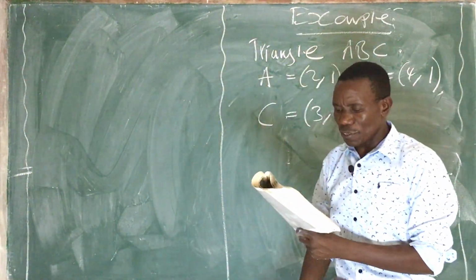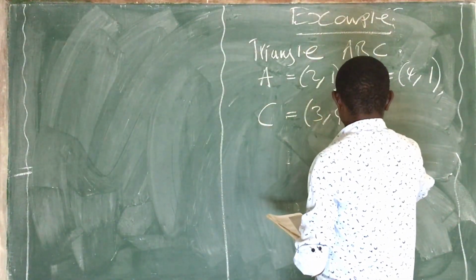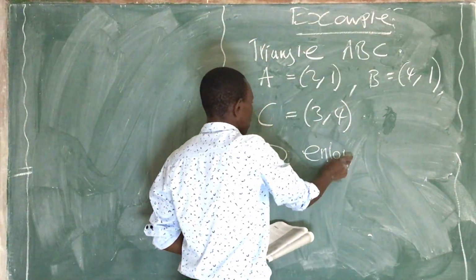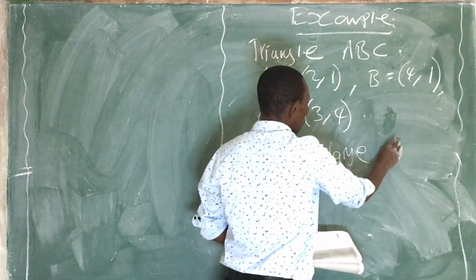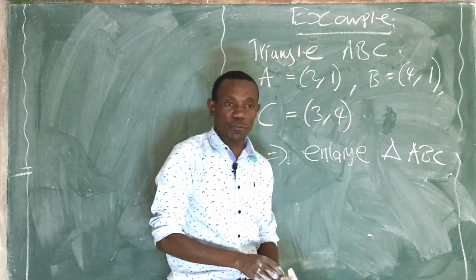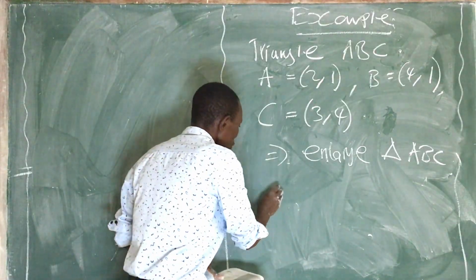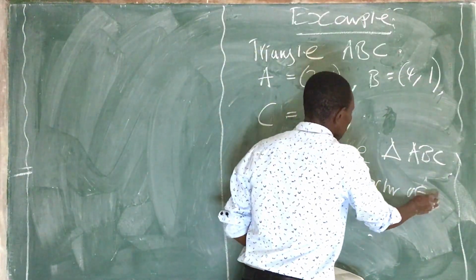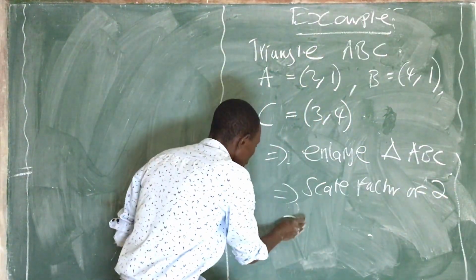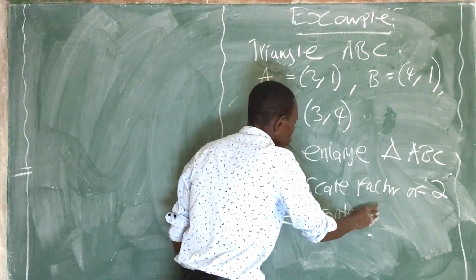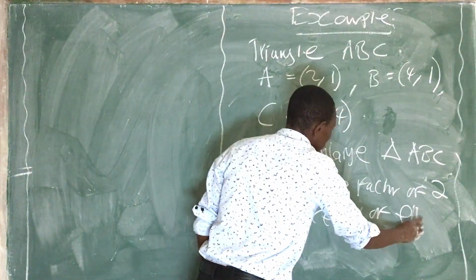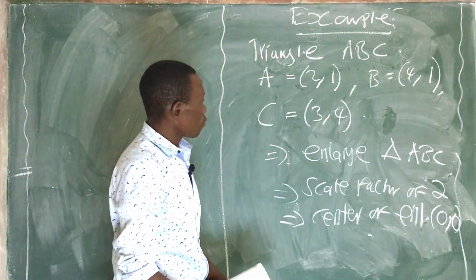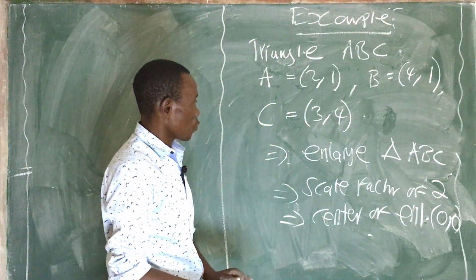What we are asked to do is to enlarge the triangle ABC using a scale factor of 2, with the center of enlargement being (0, 0). So that could be the possible type of question we should expect.